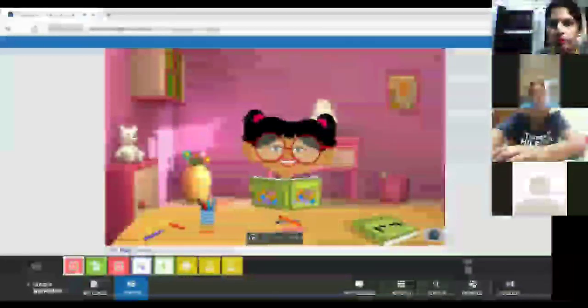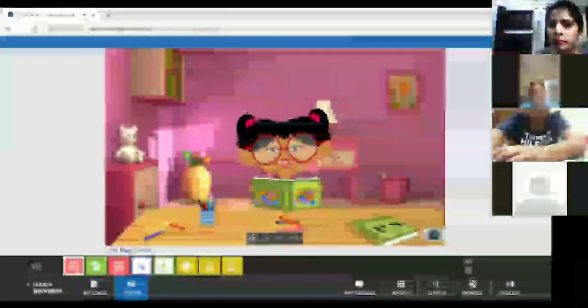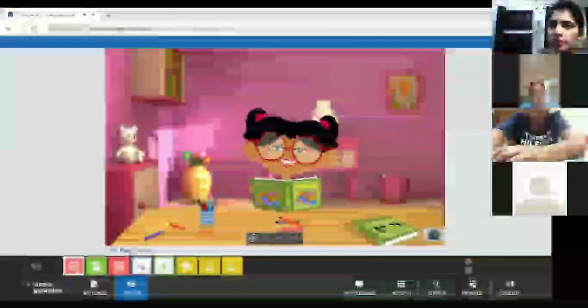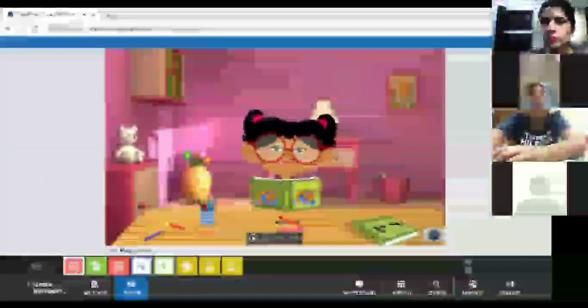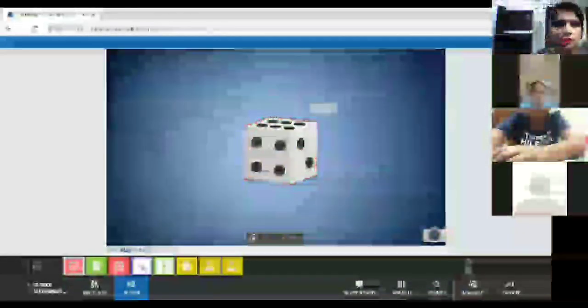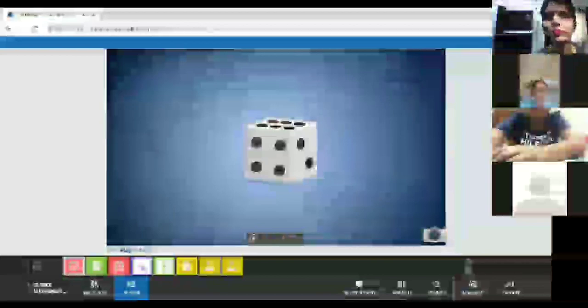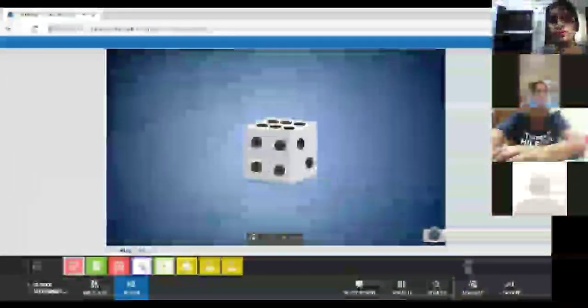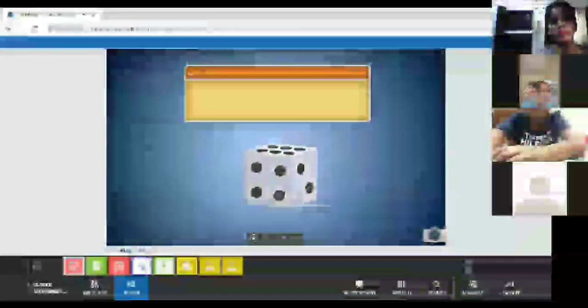Hi friends, I'm going to introduce you to some geometrical solid shapes that you come across in daily life. Look at this dice. Have you ever wondered what its shape is? Well, it is shaped like a cube. Here is one of the flat surfaces of the cube.